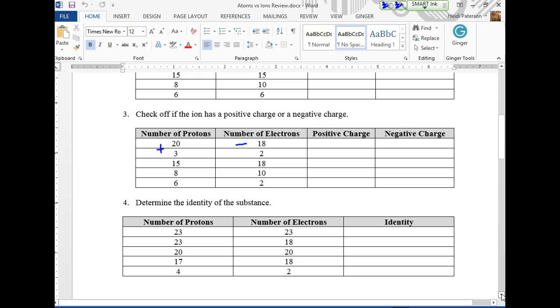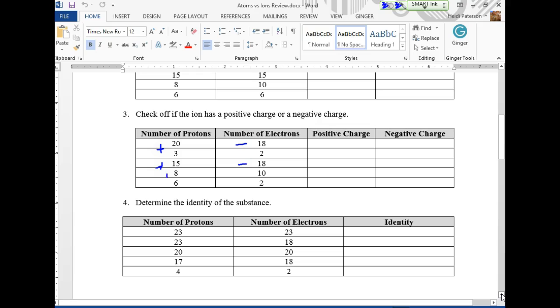If I have positive 3 and 2 electrons, is that going to be a positively charged ion or a negatively charged ion? Okay, that's going to be a positive charge as well. In order for something to have a negative charge, it needs to have more electrons than protons. So the third is a negative ion or an anion.